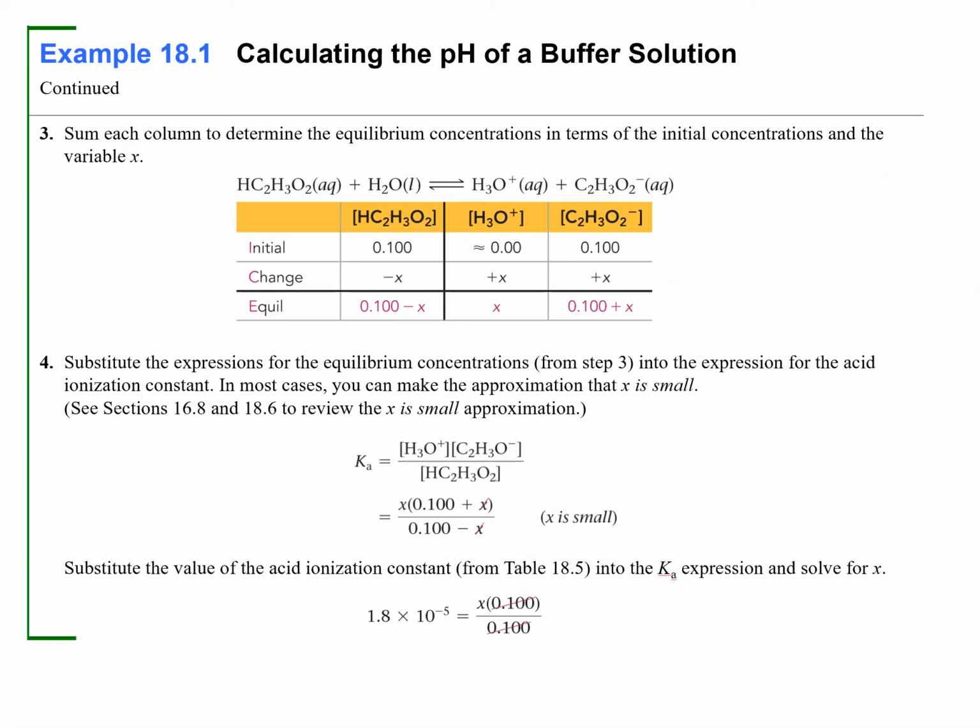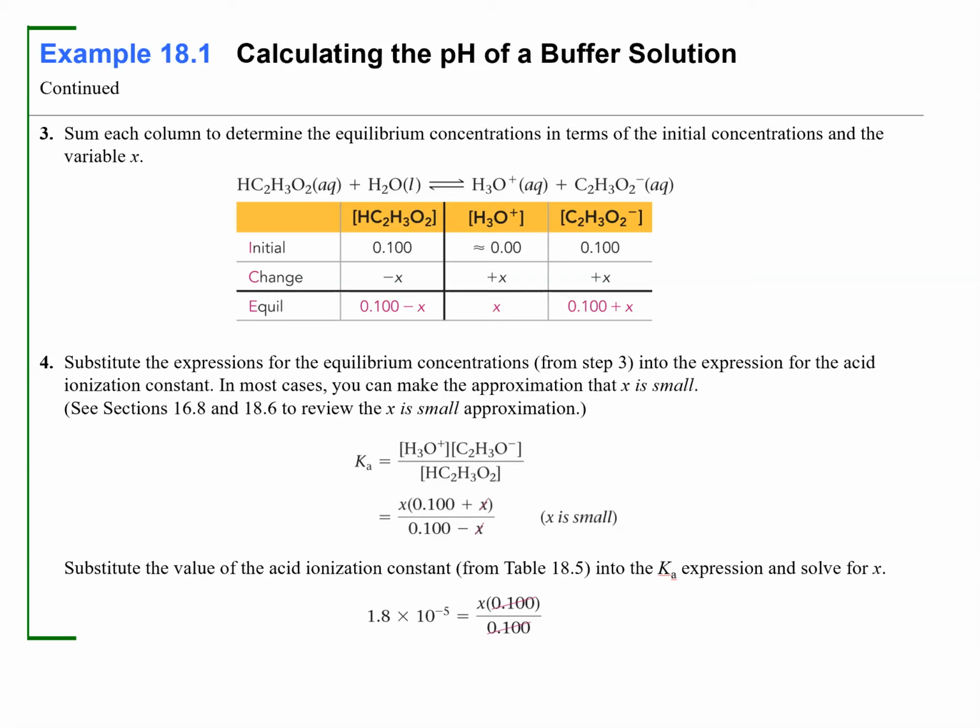Following that, we can determine our equilibrium concentrations in terms of x, with our equilibrium for our acetic acid being 0.100 minus x, our equilibrium for the hydronium being simply x because it started at 0, and our equilibrium for our acetate anion being 0.100 plus x.